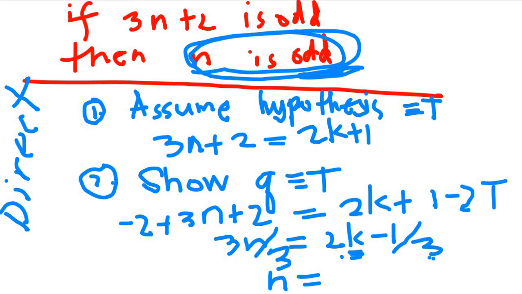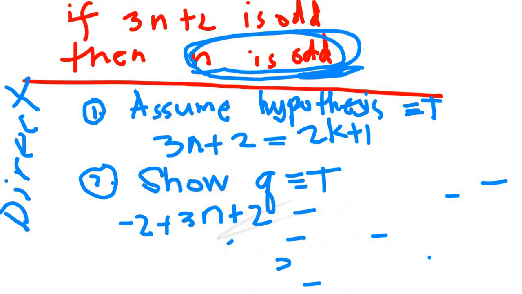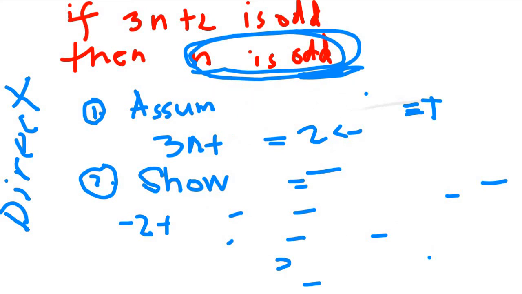So we end up with n being not an integer anymore. So it's a limitation of our direct method. With this we could try the contraposition.